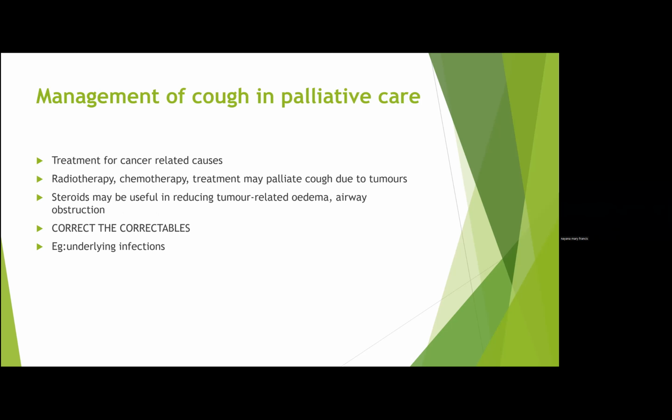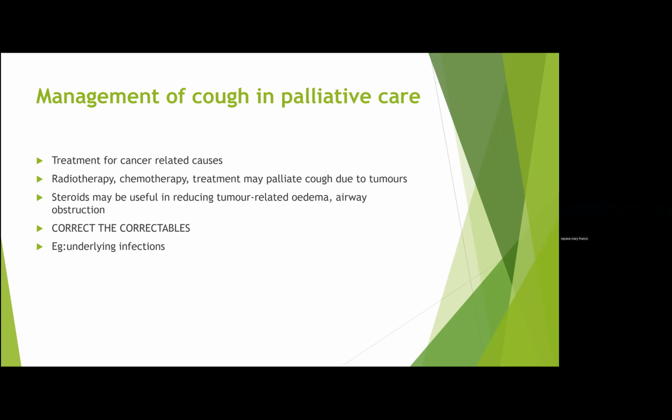Now come to the management of cough in palliative care. What we do is sometimes chemotherapy and radiotherapy will help in reducing the cough. When you give chemotherapy or radiotherapy to patients having tumor, the tumor size will reduce, and by that we can reduce the cough. And like we said before, correct the correctables.